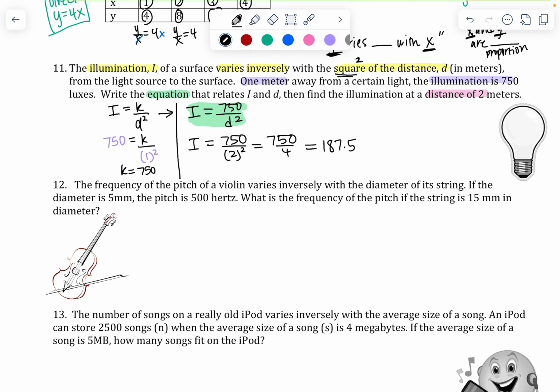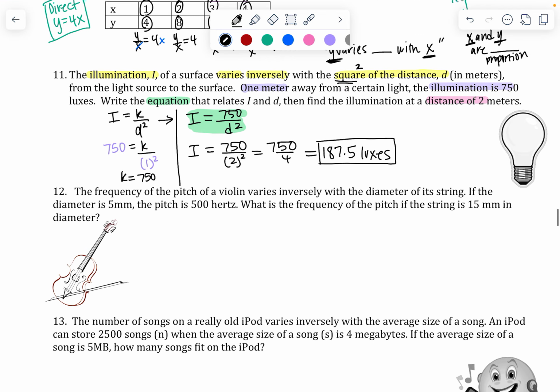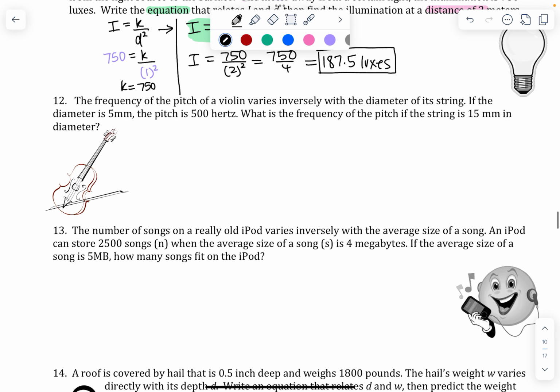And illumination is measured in luxes, so be sure to include your units. Most of the time with application problems, we use decimals more than fractions. It just makes more sense in the context.